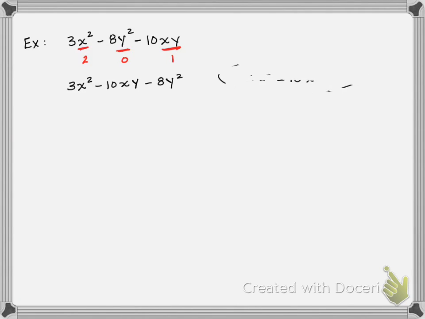So AC is negative 24, so I need a positive and a negative. B is negative 10. I'm going to rush a little bit here because we're almost out of time, and I want to finish this one. So my numbers are 2 and negative 12.